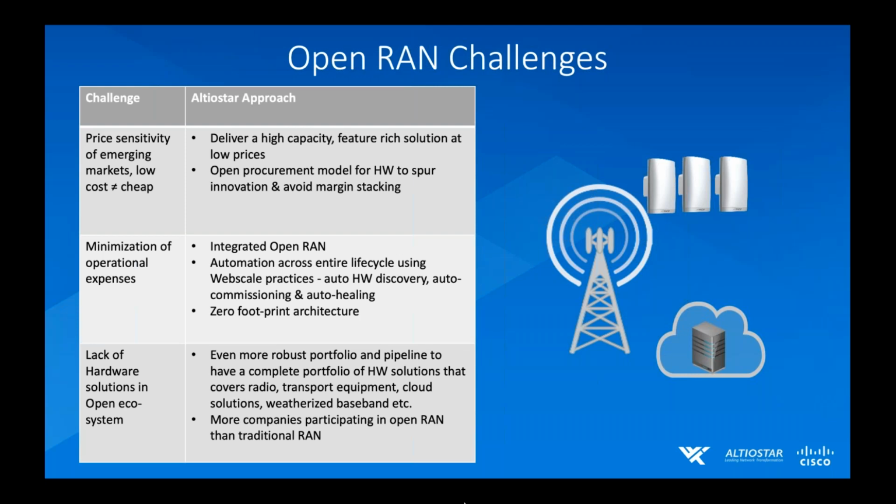It means that with the Open RAN ecosystem, with the benefits of this open procurement model, you will still be able to get the best of breed solutions. You will be able to spur innovation into your networks. You will be able to avoid margin stacking that is very typical in the existing networks. You still will get all these benefits, but from a software perspective, it does not imply that it is cheap or it is still in development.